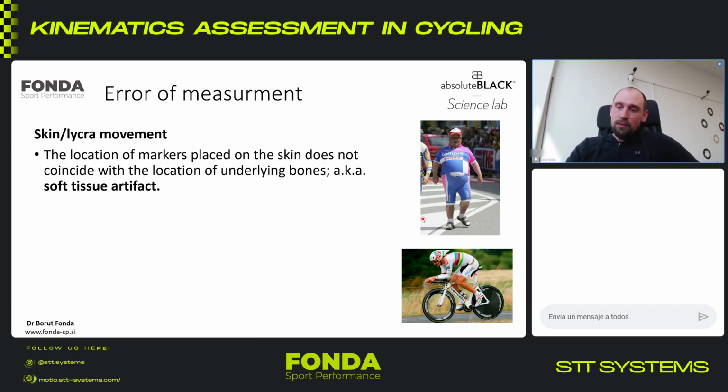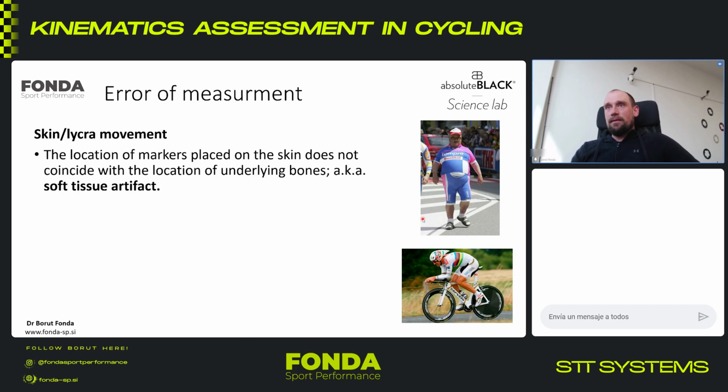Now, I would suggest, and that's also how we do it, and a lot of the bike fitters do, that when you're placing your markers, you don't do it on a massage table, you don't do it when the rider is standing, you do it when they're on the bike, and you position their extremities, their legs, hands, and torso in a position where you're most interested to have the readings you're looking for.